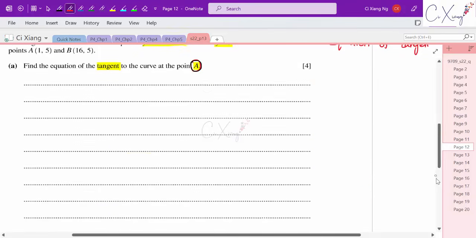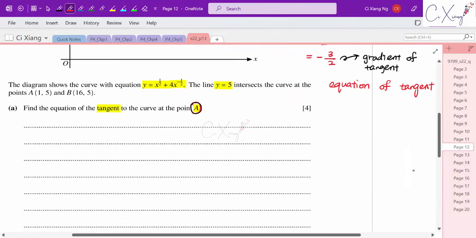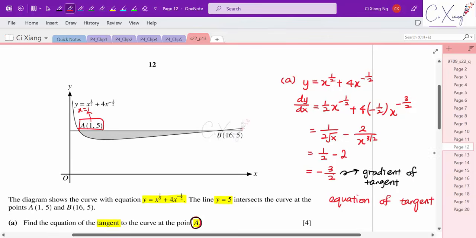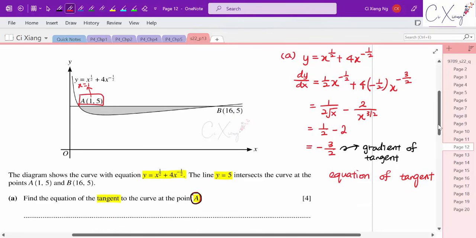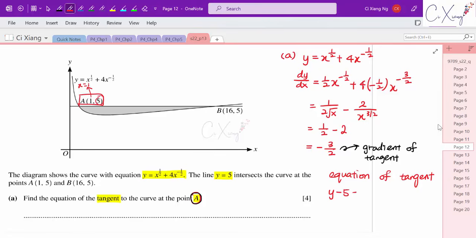To get the equation of the tangent, again I'm using the formula y minus y1 equals m times x minus x1. So y minus 5 equals negative 3 over 2 times x minus 1.